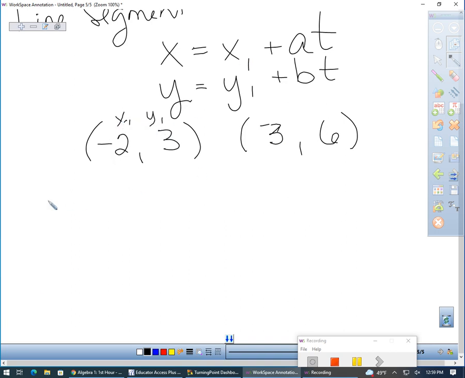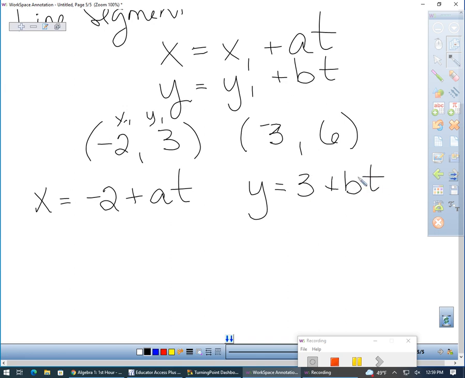So, I have x equals negative 2 plus at. I want you to kind of think of that for a minute. Which means I'm also going to do y equals 3 plus bt. All right, so when you are putting in a line segment, we go in segments of 1 unit, right?